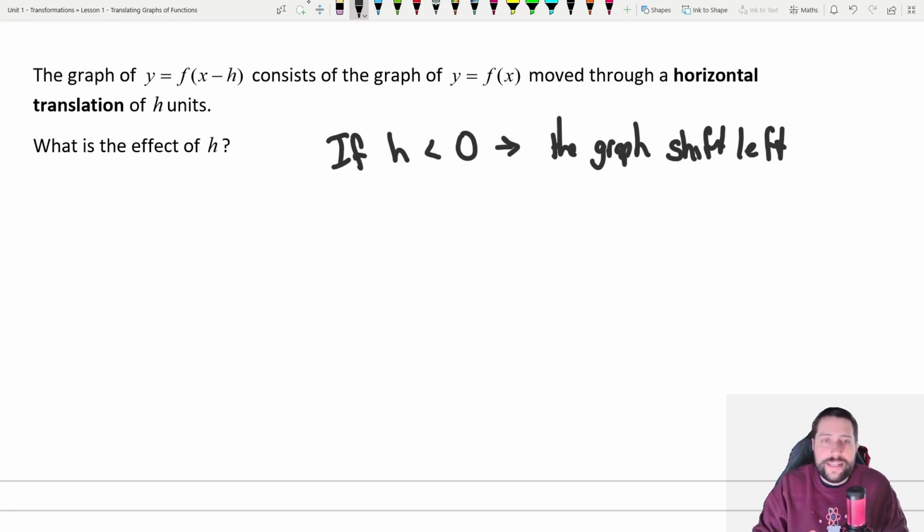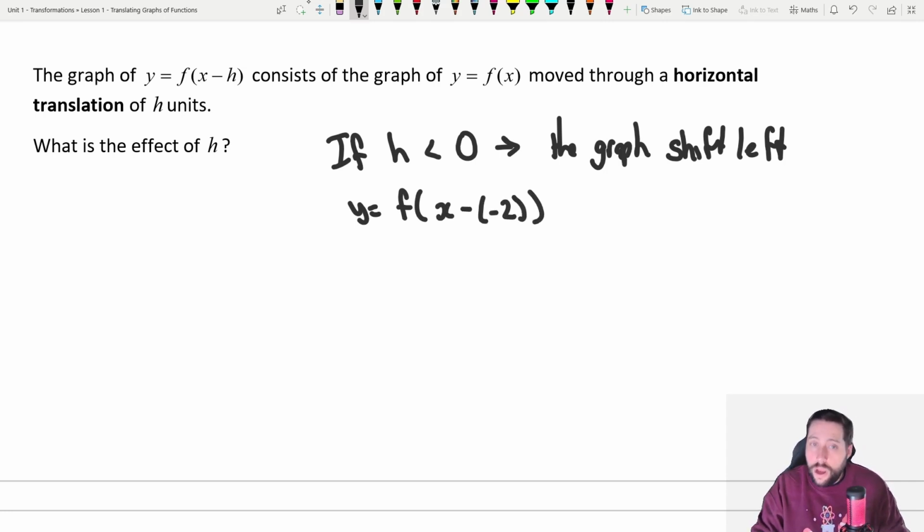An example of that is if we have y is equal to f of x minus negative 2. Currently this negative 2 is less than 0. We can see that. But your graph is going to look like this: y is equal to f of x plus 2.